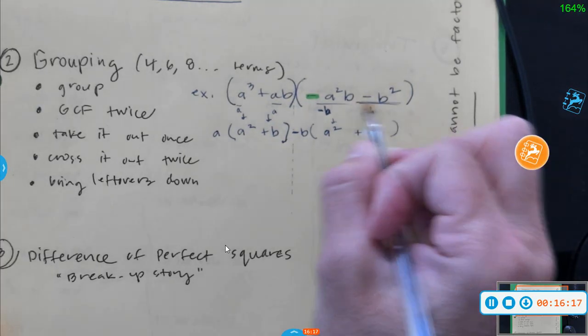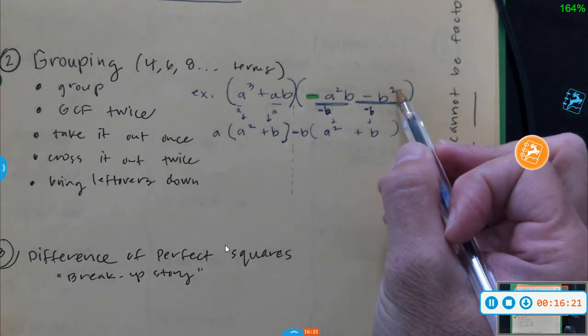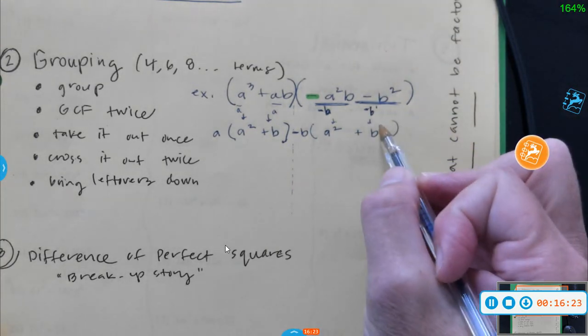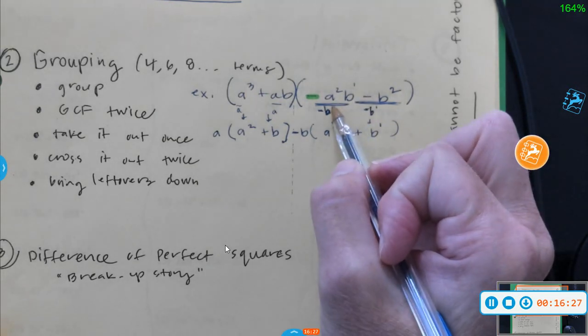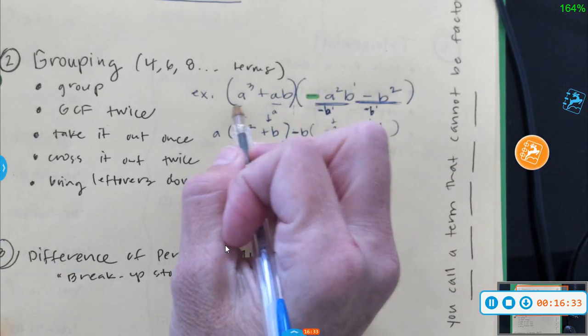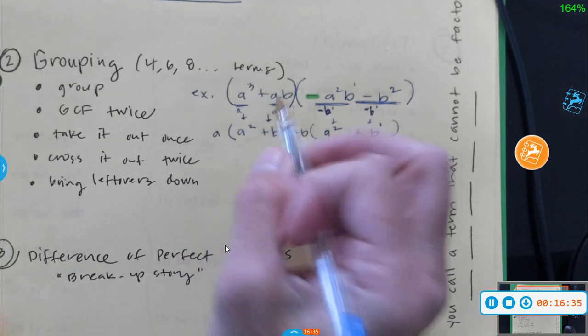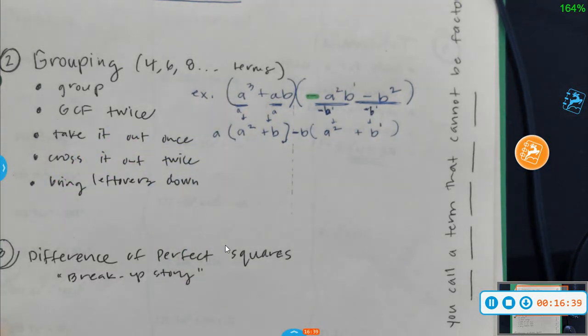If you're asked to divide, you're actually going to subtract those exponents. So 2 subtract 1 is 1. That's why it canceled here. 1 subtract 1 is 0, so there were no b's left there. When you're dividing, you subtract the exponents. Same thing here. 3 subtract 1 left me with a squared.